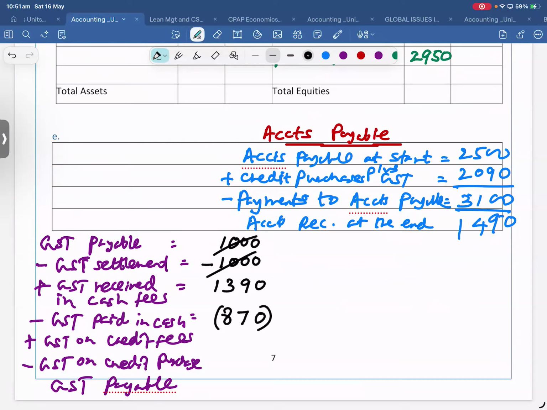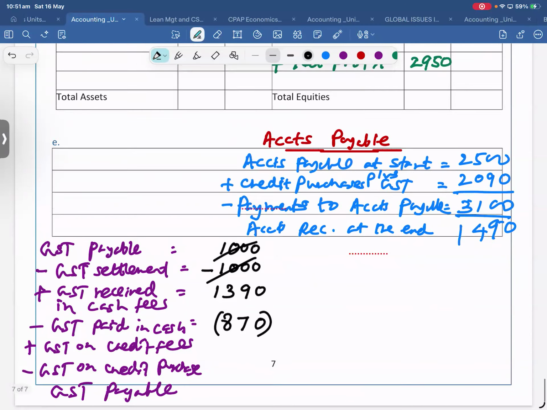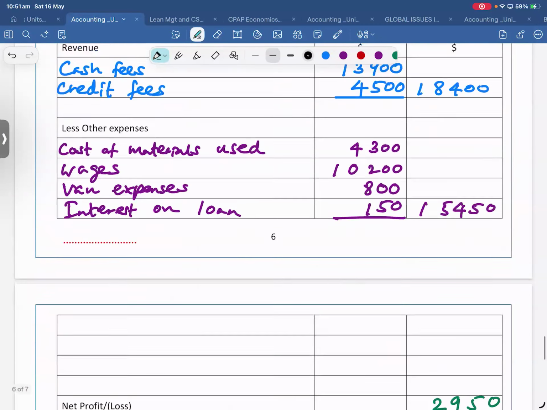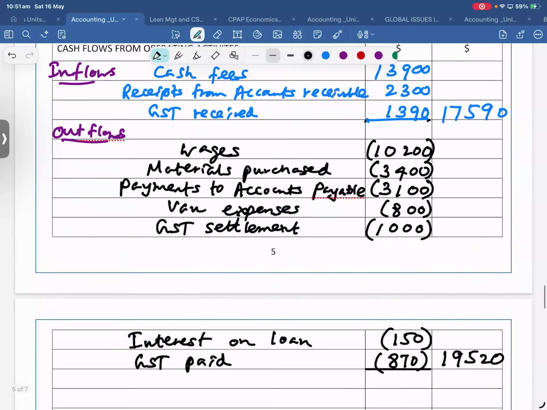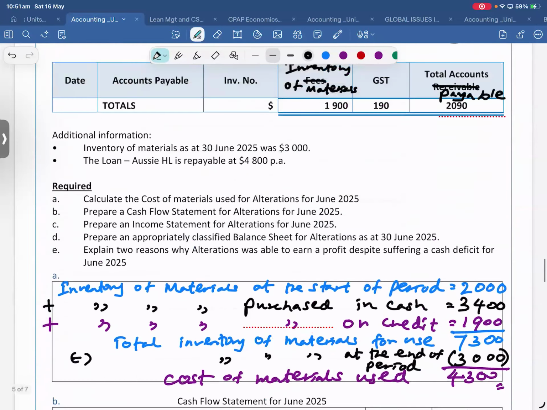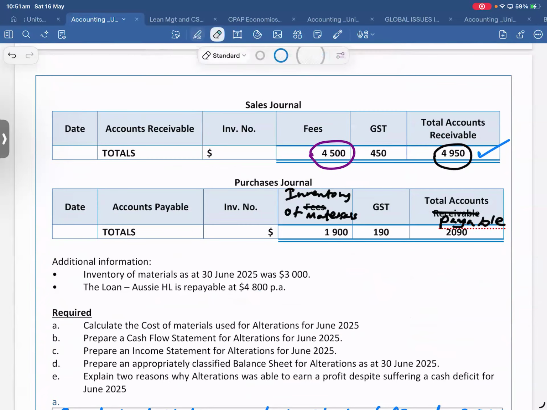Then, do we have GST on credit fees? Yes. Then we have GST on credit purchases. Where can we find them? Sales and purchases journal, very good. In the sales journal, 450 is what we collected from sales, which is what we received.